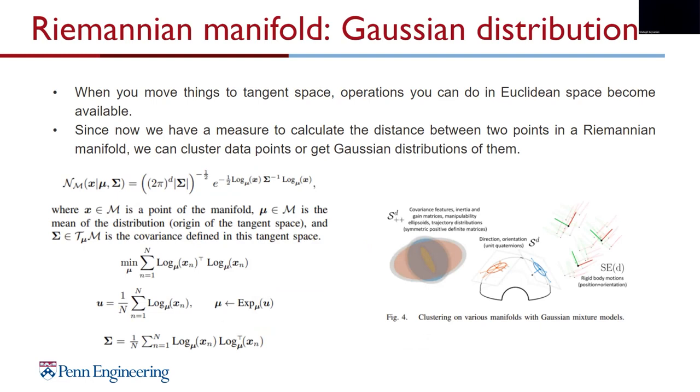So calculating the mean in Riemannian space is not exactly easy. You have to use an iterative way, which is described here. But the essence is that you can measure the mean of the SE3 poses, the mean of the orientations, and the mean of the covariance matrices.